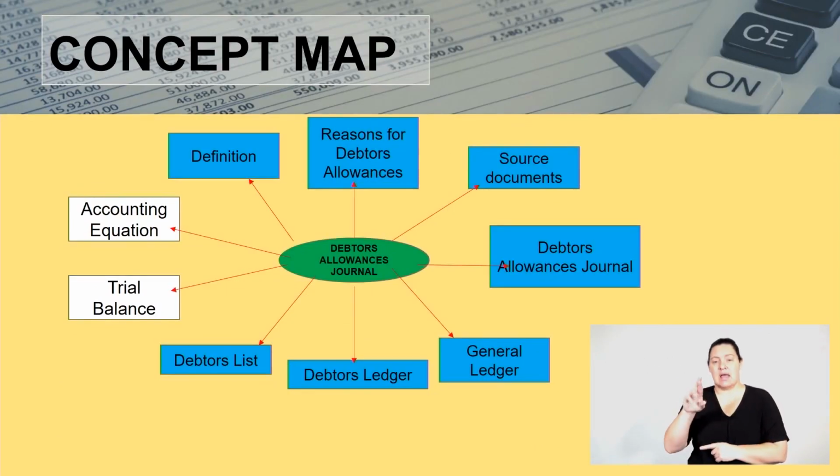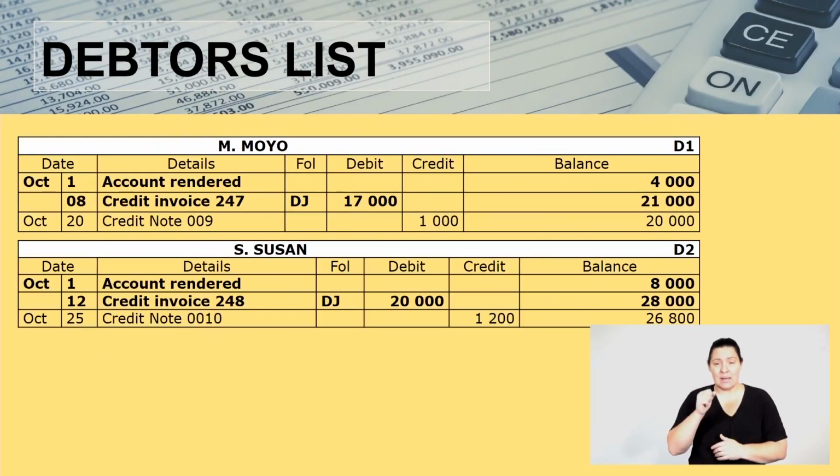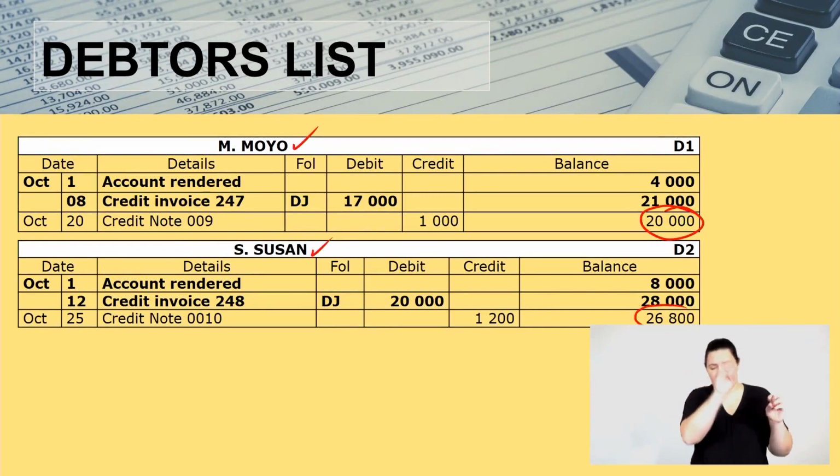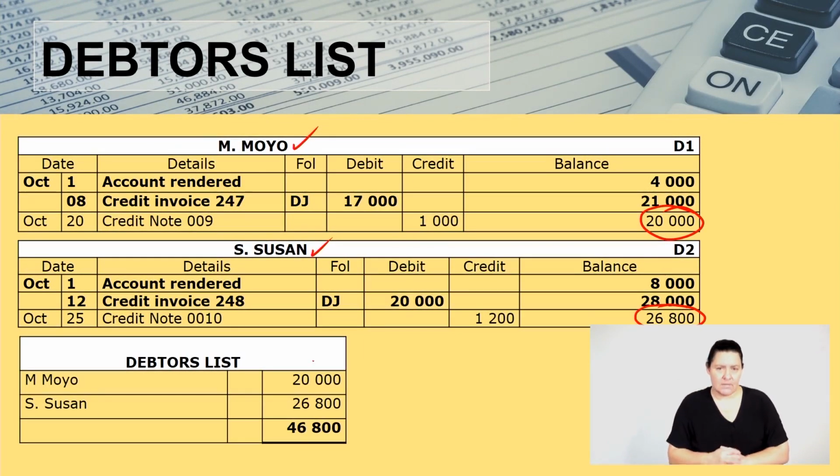After you have completed your debtors ledger, it is very important that you now move on to what we call the debtors list. The debtors list is simply a list with all our debtors. As it says, a debtors list, a list with our debtors. Who are our debtors? M. Moyo and S. Susan. So we need to take the amounts that they are owing us to the debtors list. There is our debtors list. How much is M. Moyo owing?